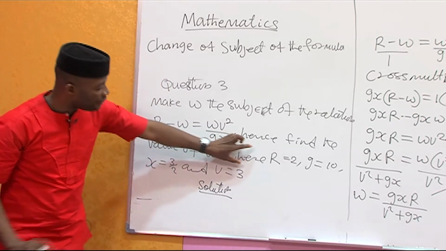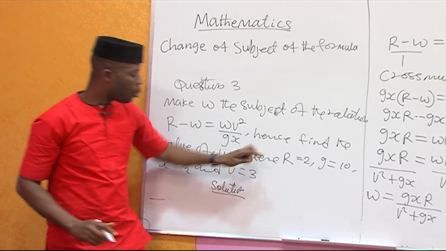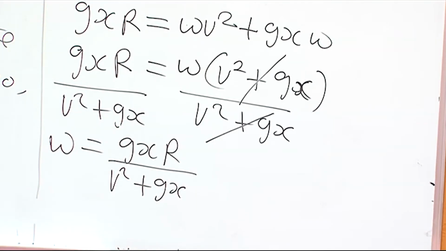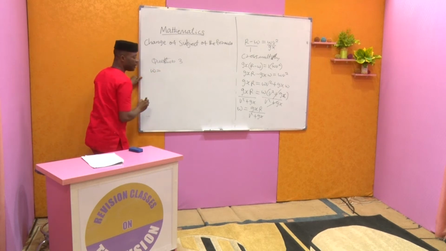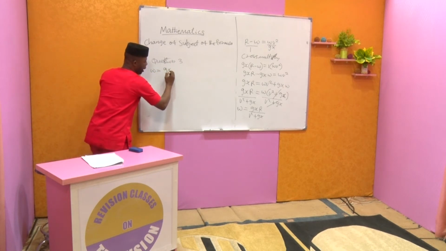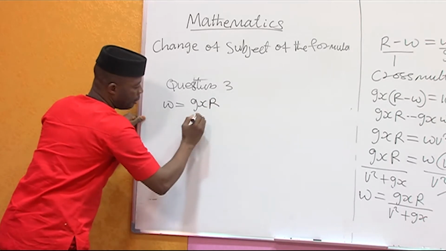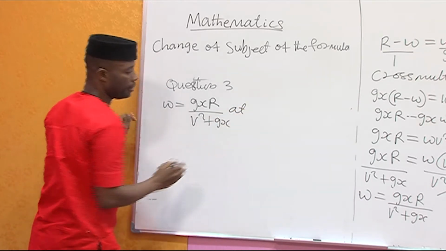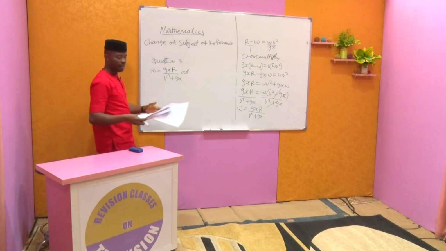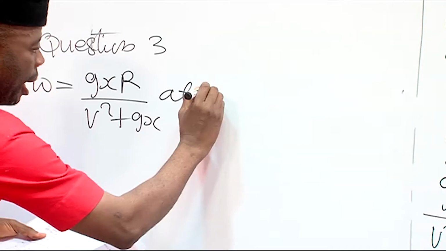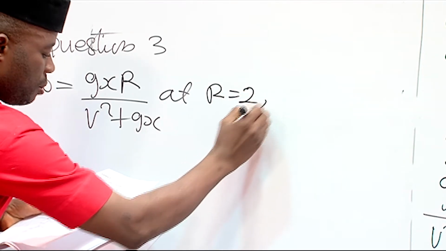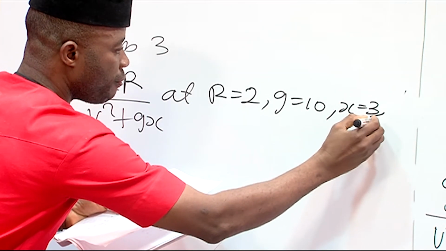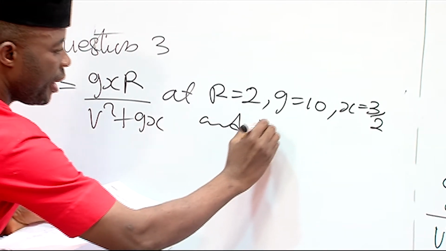But there is a condition given to you. So we substitute the values we have inside the equation. Let's bring down the equation we have: GSR divided by V square plus GS, at R equals to 2, G equals to 10, S equals to 3 over 2, and V equals to 3.